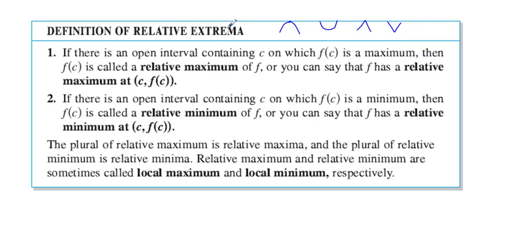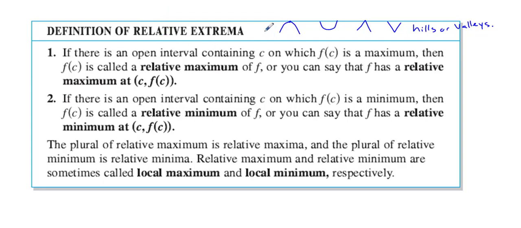So for relative extrema or local extrema, we can say they're the hills or valleys. Local and relative mean the same thing. Local max, local extrema, relative max, relative min, relative extrema mean the same thing.